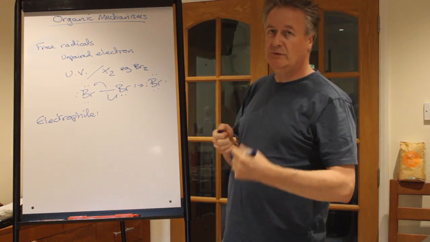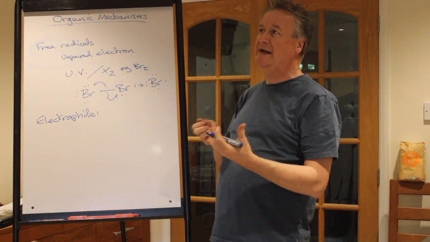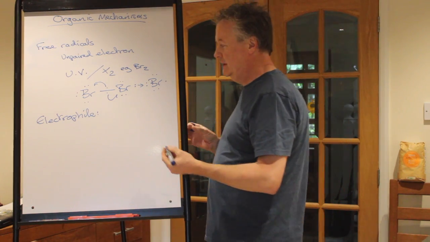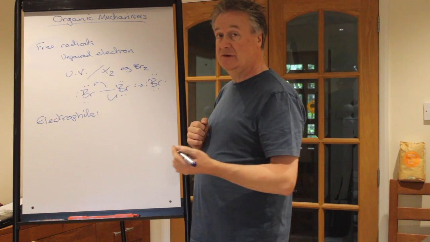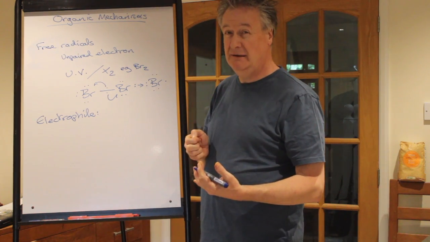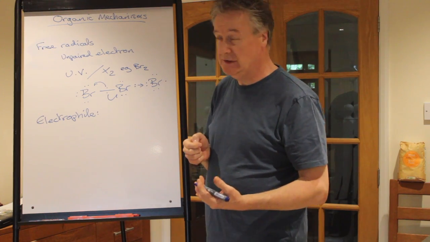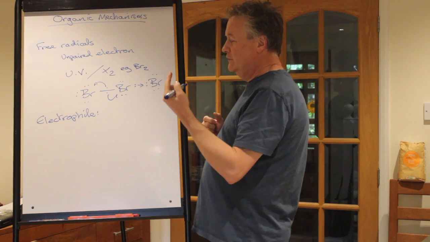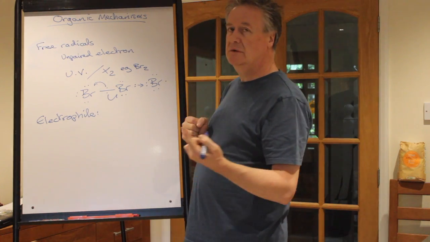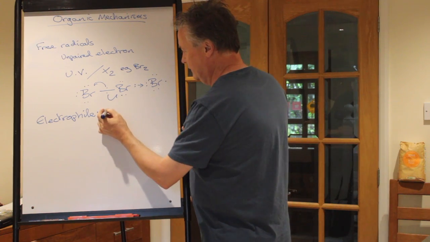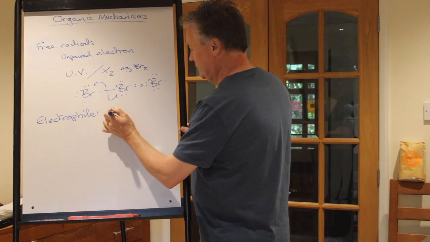Then the other two: electrophile. Electrophiles will have some way of being positive or partially positive. So what you're looking at is either something that is positively charged. Now most of the time that's a metal ion and they don't do organic chemistry, at least the majority of the time. So what you're looking at for almost all organic reactions, although there are some exceptions, is something that carries a partial positive charge.